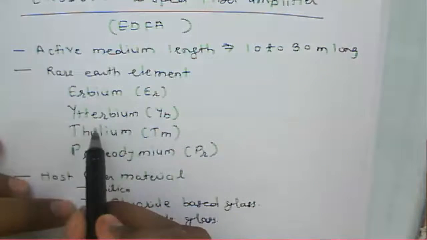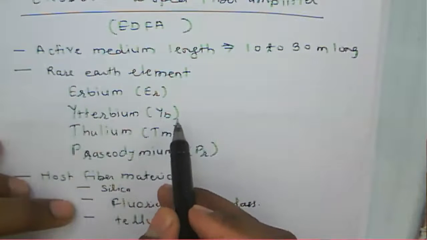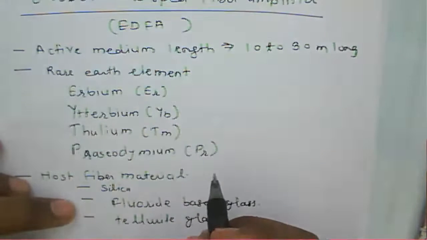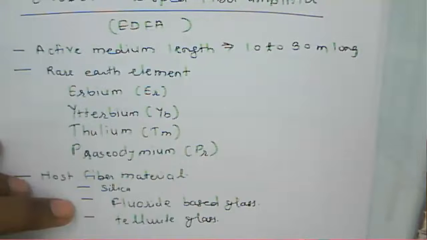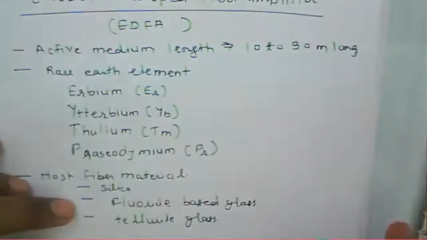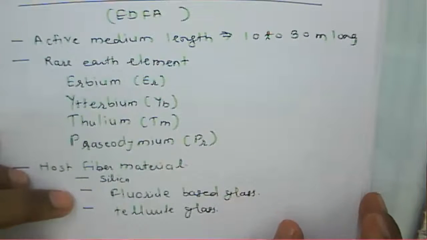In some other cases, yttrium can be used to increase the pumping efficiency so that we get a higher gain of the optical amplifier.